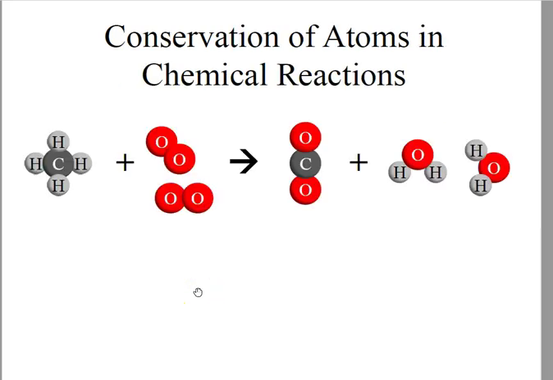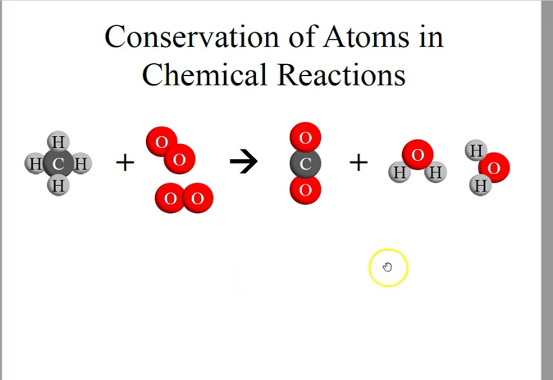Now, what if a chemical reaction is involved? That's going to require us to have a balanced chemical equation, and we're going to need to go from one side of the mole map to the other if we're doing a calculation. So first off, it's really important that in a chemical reaction, atoms are conserved. This is the law of conservation of mass. It says that atoms cannot be created or destroyed.